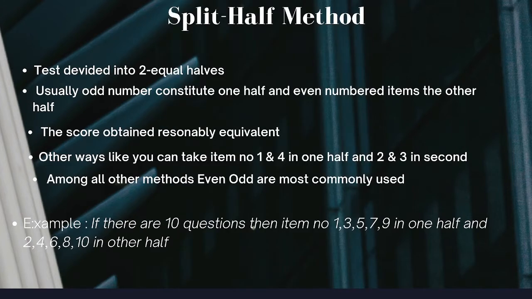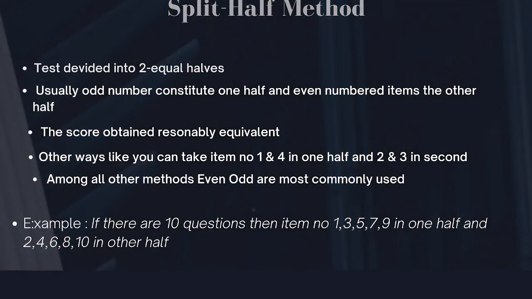You can take question numbers 1 and 4 in one half, and 2 and 3 in the other half. In this way there are many ways to split one test into two equal halves, and you can find the score by administering the two sets of the test.